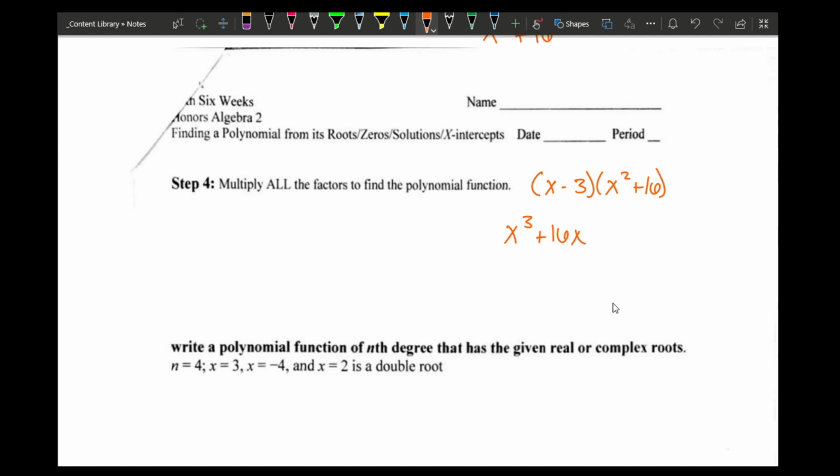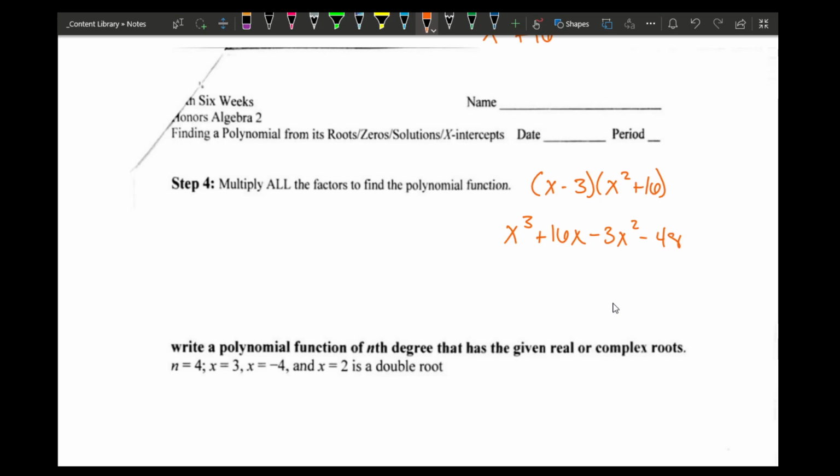Negative 3 times, oh, sorry. Wait, no, that was right. Yeah, 16x. Negative 3 times x squared will be negative 3x squared. And then negative 3 times 16, negative 48. I promise I know my 16s from programming.